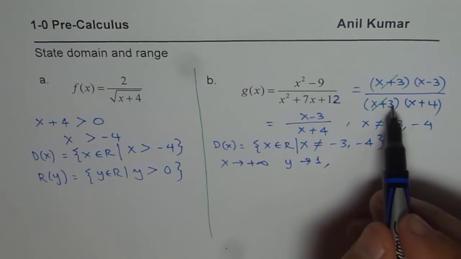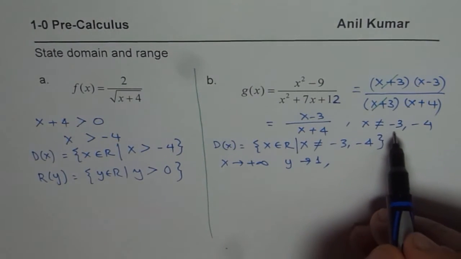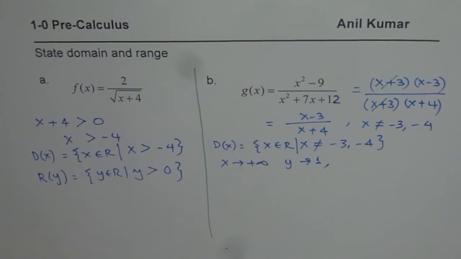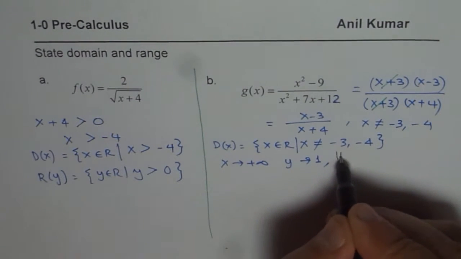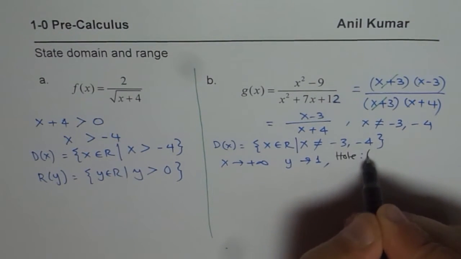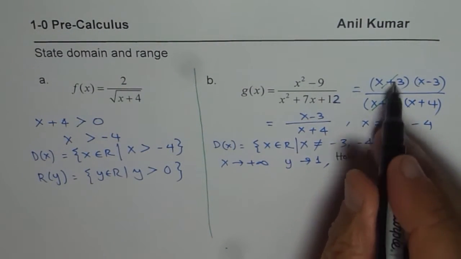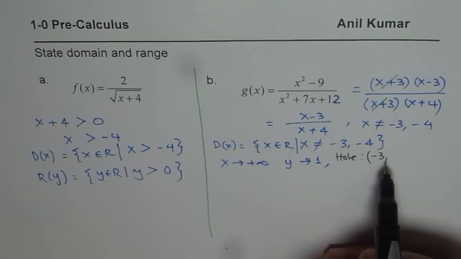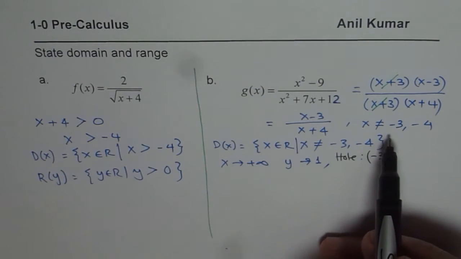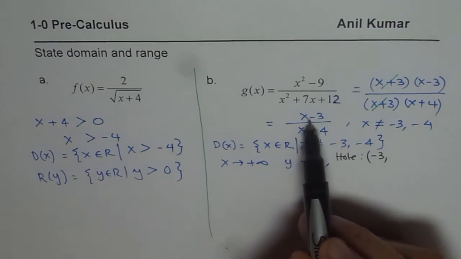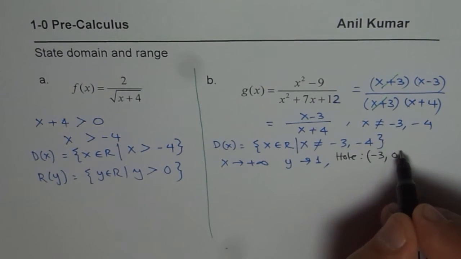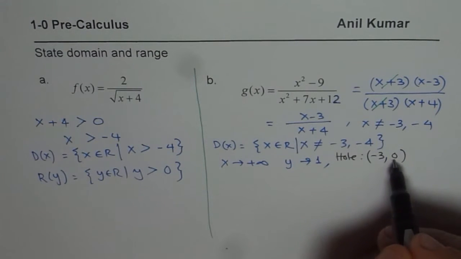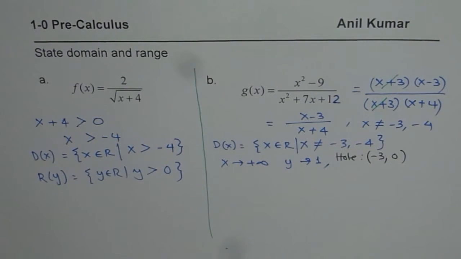The second restriction is that we have a hole at x equals minus 3, right? So what is the position of the hole? The position of the hole is x equals minus 3, because these two common factors cancel out and give us the hole. Now, if I substitute minus 3 here, I get 0. It gives us the same position, right?